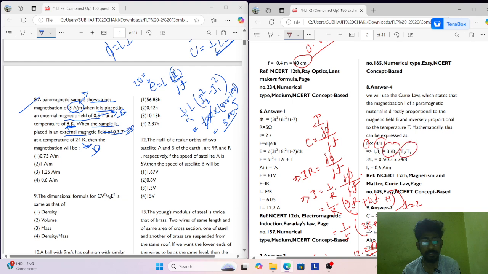In the first case, the magnetization is given as 3, so 3 by I2 will be there. This is B1 and this is B2, this is T1 and this is T2. So 3 by I2 equals, just remember the formula, B1 by B2 means 0.5 divided by 0.3, and T2 by T1, T2 is equal to 24, this is equal to 8.